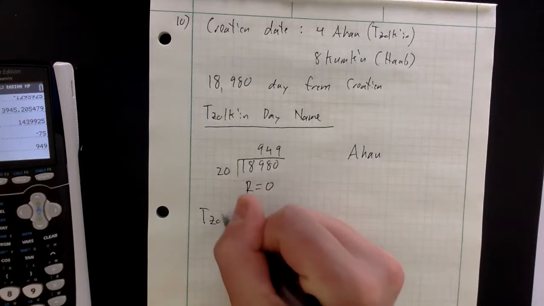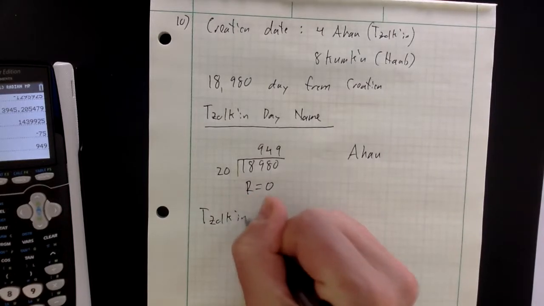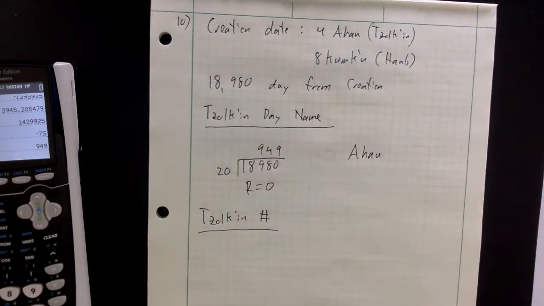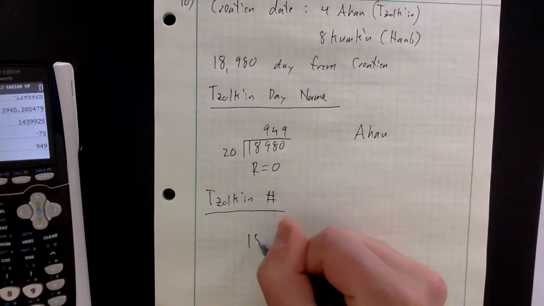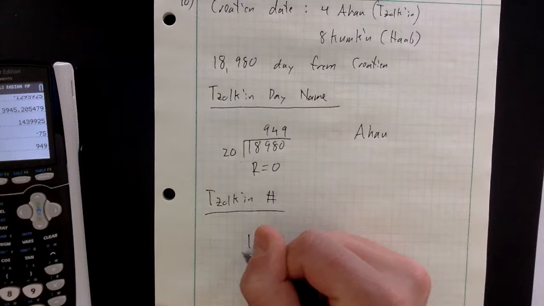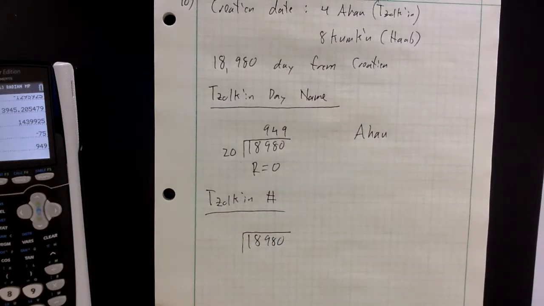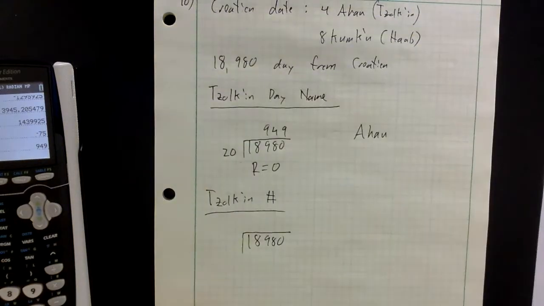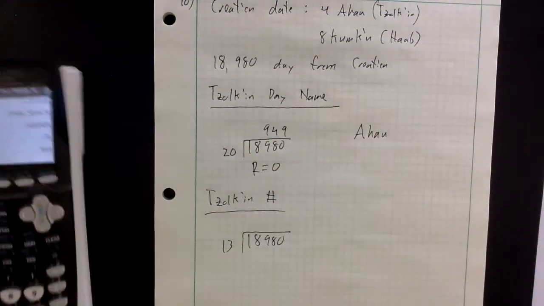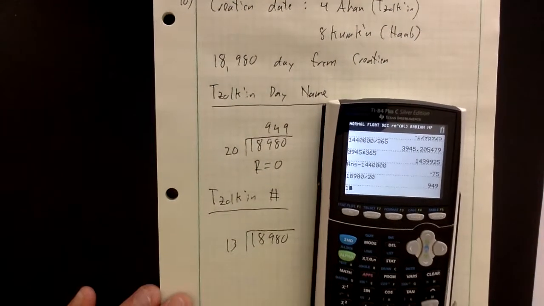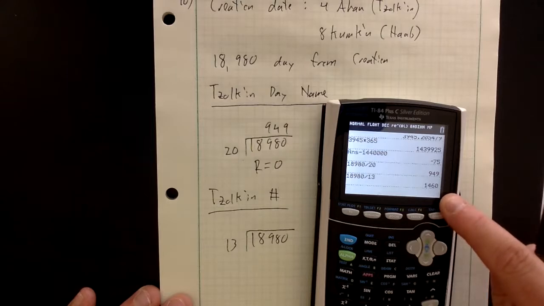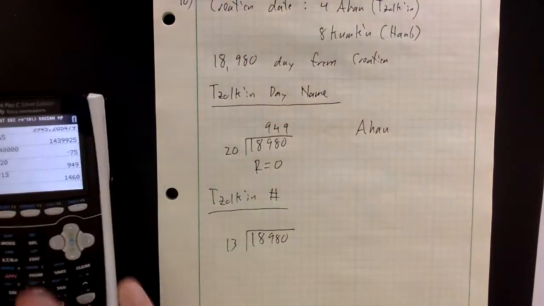If we take the Tzolk'in number, I want to figure out what's the new Tzolk'in number. I'm going to take that 18,980 and divide it by 13, since there are 13 numbers in the Tzolk'in calendar. So I'm going to take 18,980, divide it by 13, and we get, look at that, another whole number, 1460.